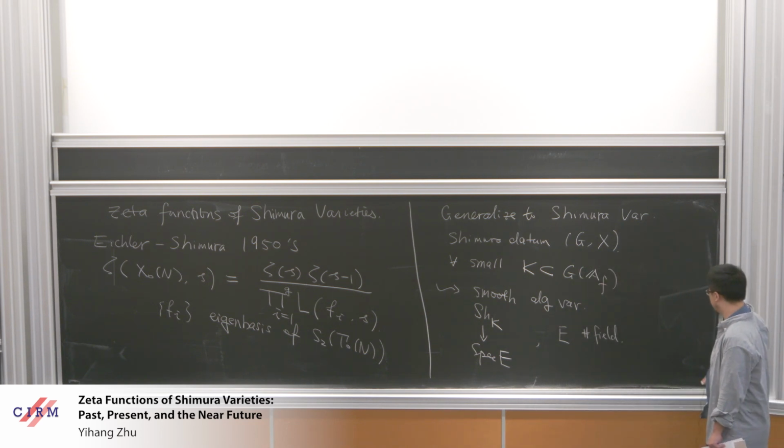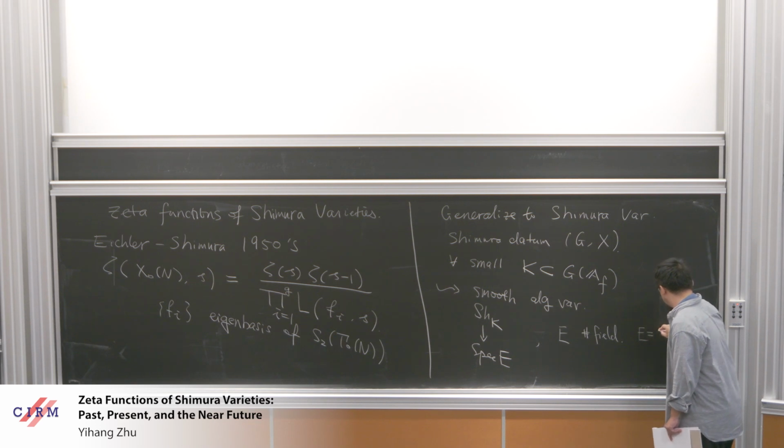Okay, it's determined only by the Shimura datum (G, X), not by the choice of K.